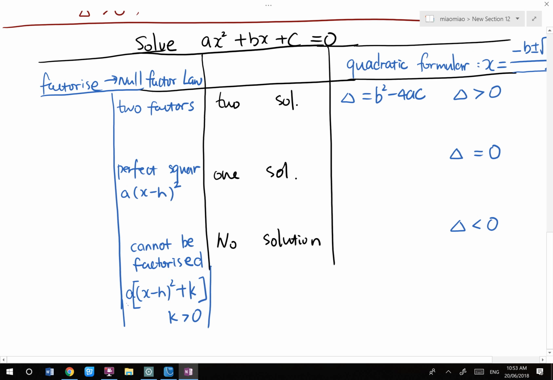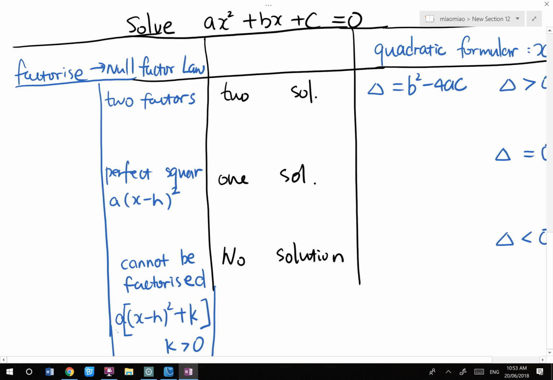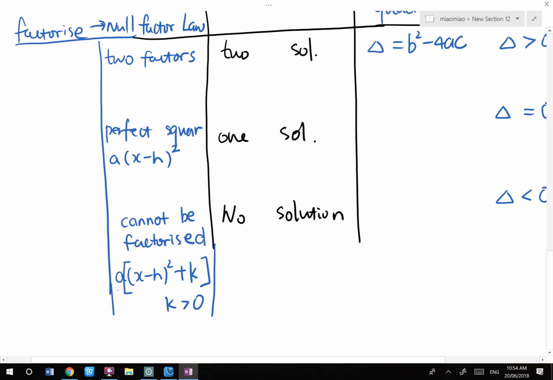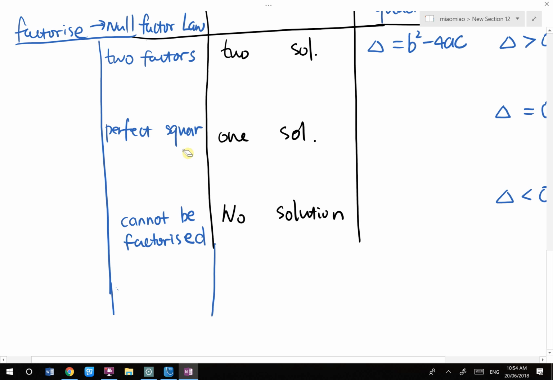So when you have two factors, I'll write that in red. Okay, that's the three forms. a(x minus h) squared plus k means it cannot be factorized.